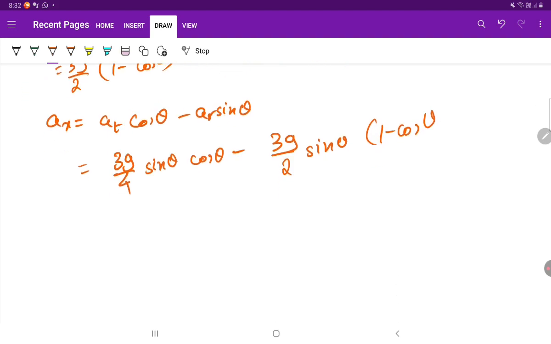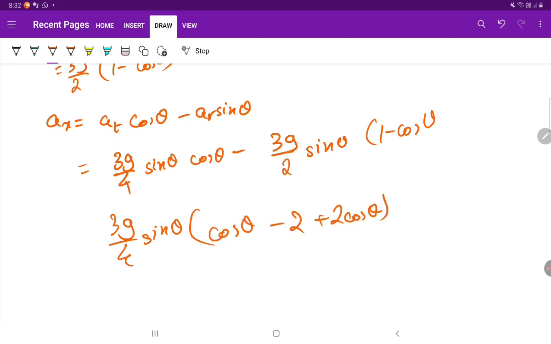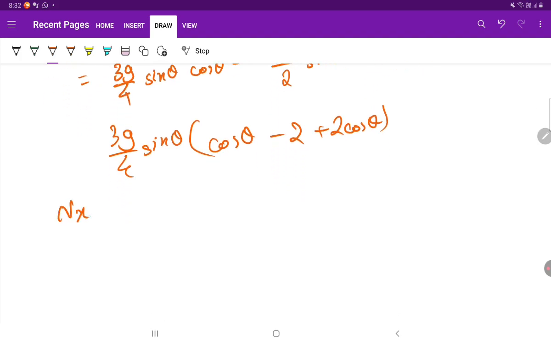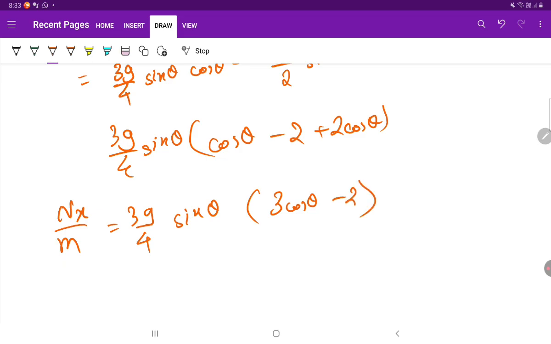Taking 3g by 4 sin theta common, we get 3g by 4 sin theta into cos theta minus 2 plus 2 cos theta. So you will get nx by m is equals to 3g by 4 sin theta into 3 cos theta minus 2.